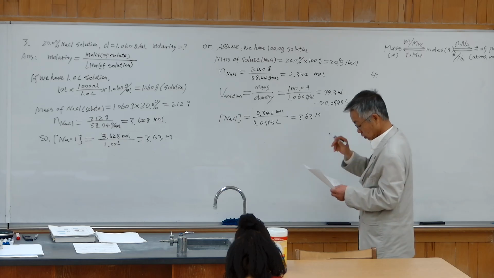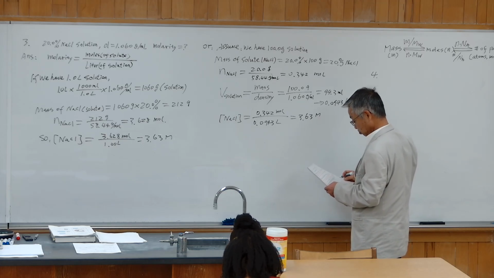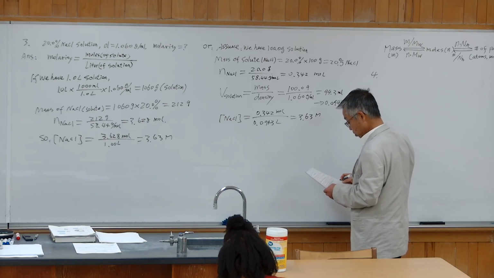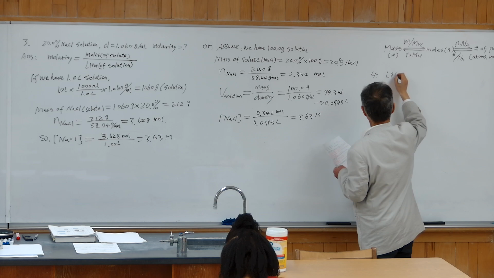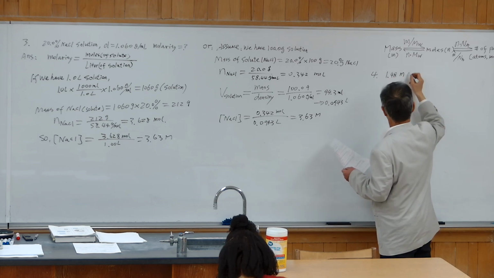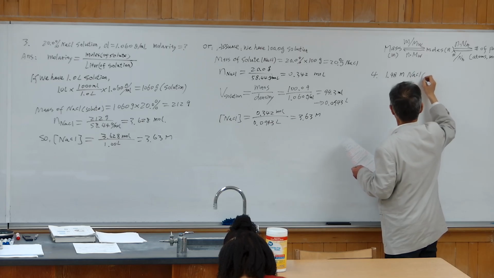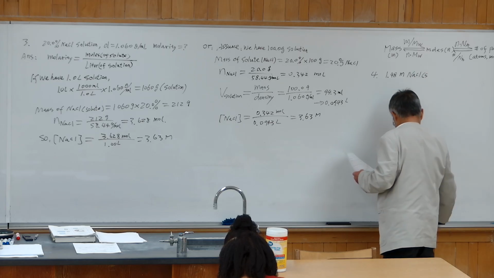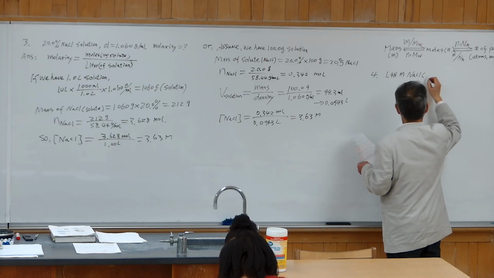boiling point elevation and freezing point depression. Also calculate the boiling point and freezing point of a 1.48 lowercase m, molality, NaCl aqueous solution in water.